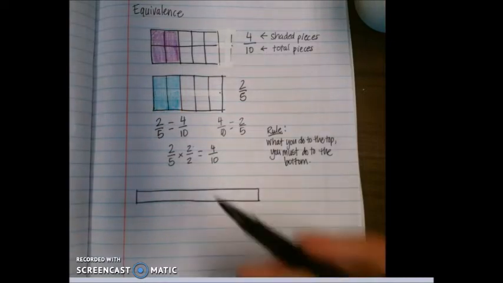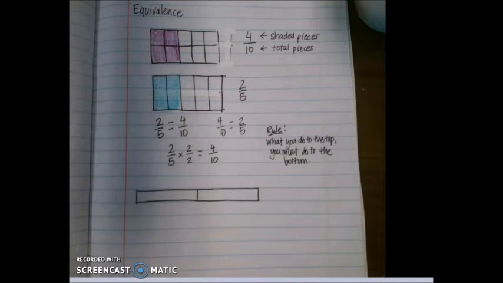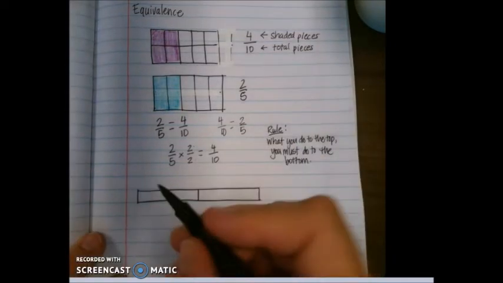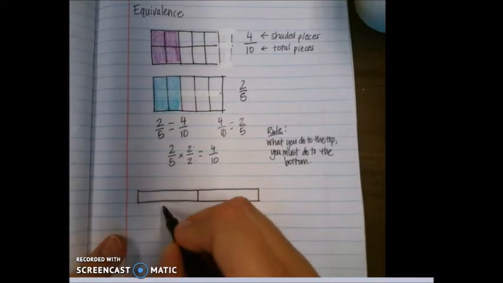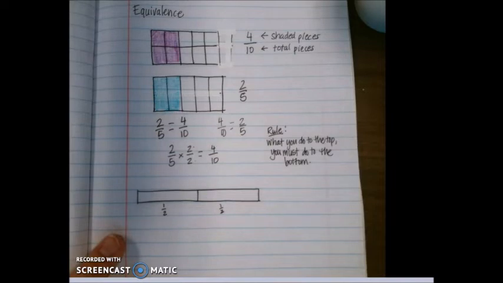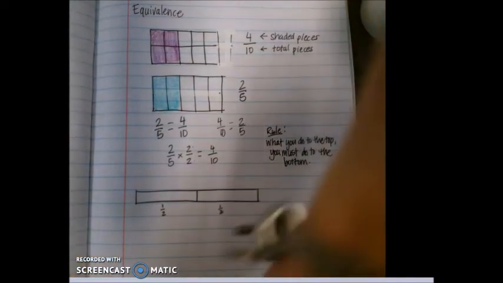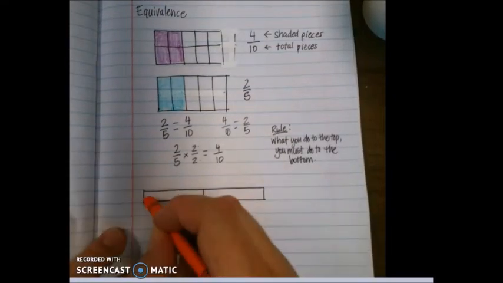So if I took this and I put one line right there, what would you call each of those sections in a fraction? 1/2. So each of these is 1/2, right? Okay. So what if I decided, I'm going to shade 1/2.